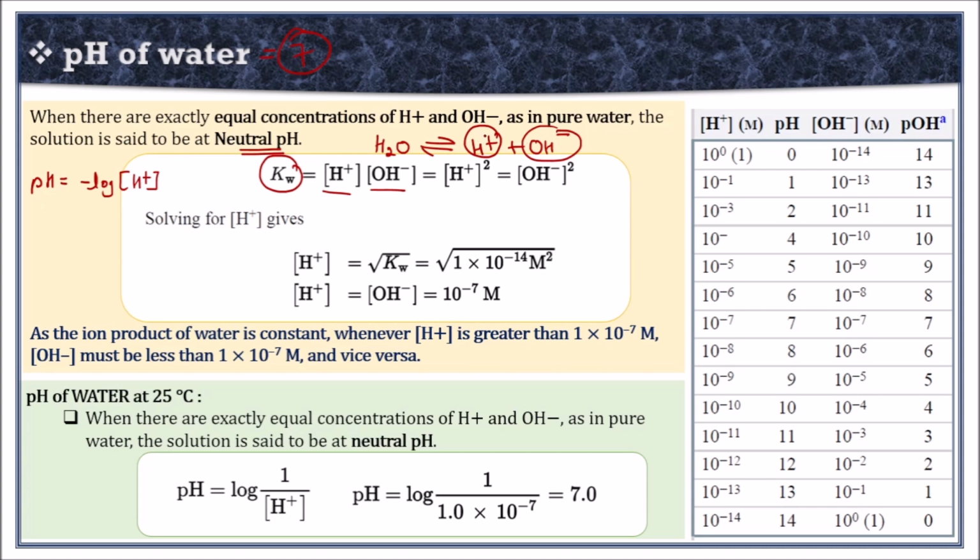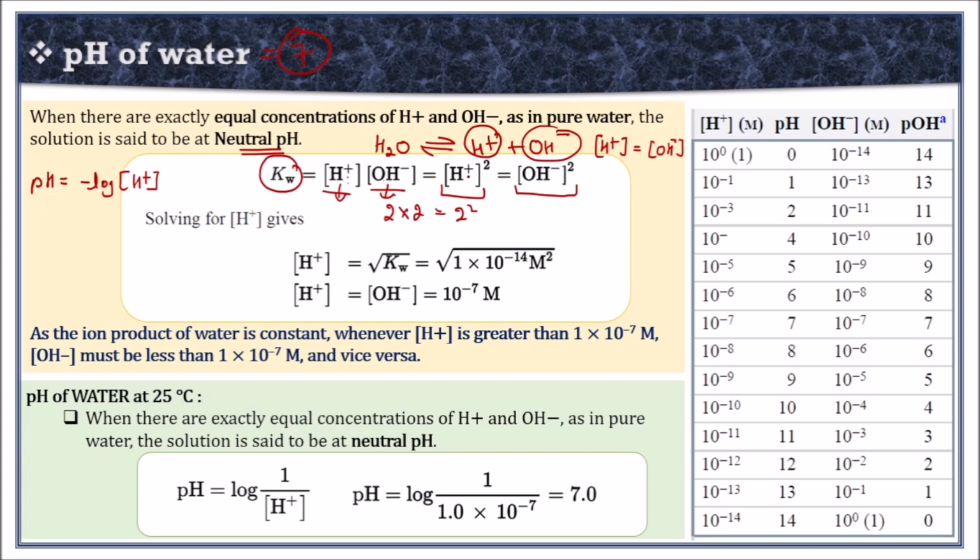As both are in equal proportion, that means the concentration of H plus is equal to OH negative. And if this is the case, then we can write H plus into OH negative as either H plus square or as OH negative square, because both have the same value. Clear? Like 2 into 2 is 2 square. Similarly, H plus has the same value as OH negative.